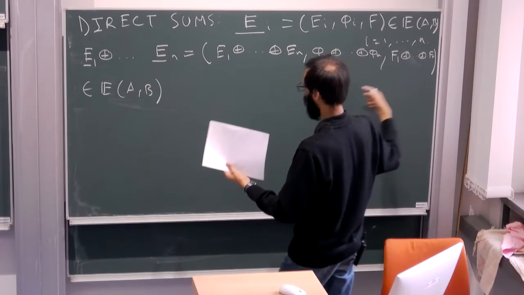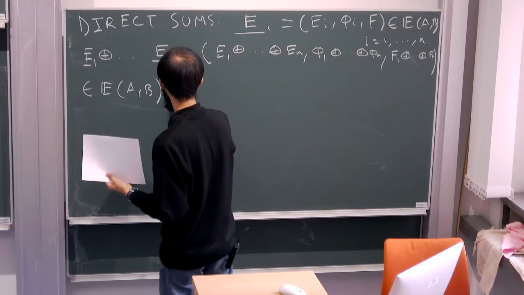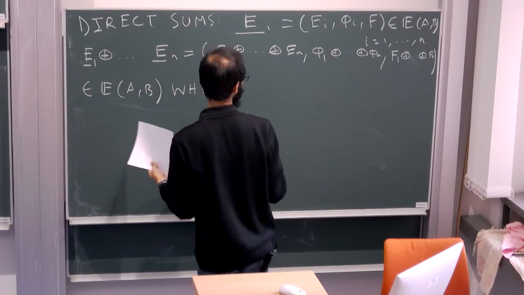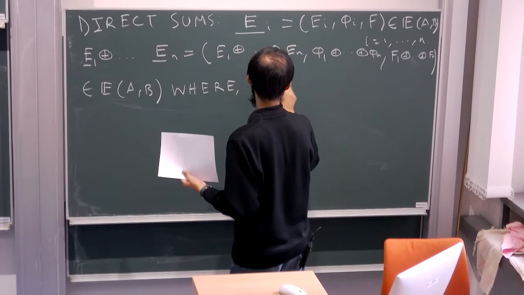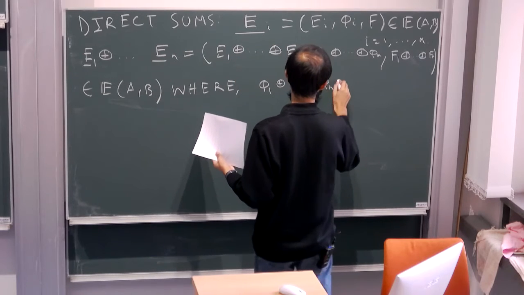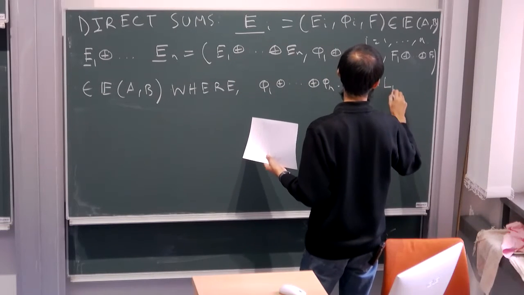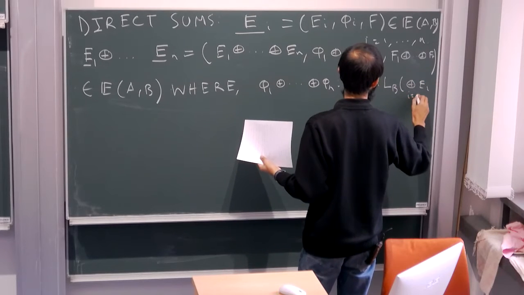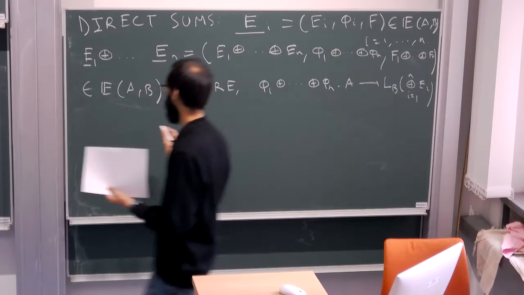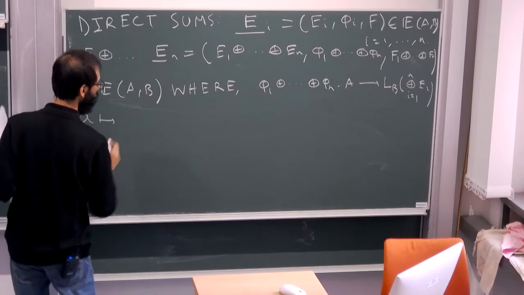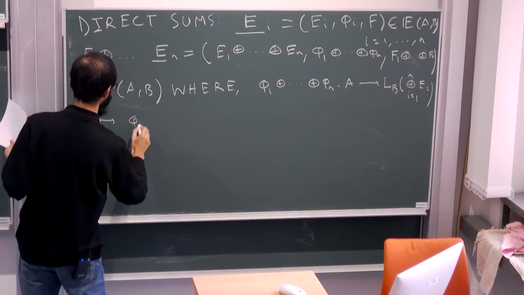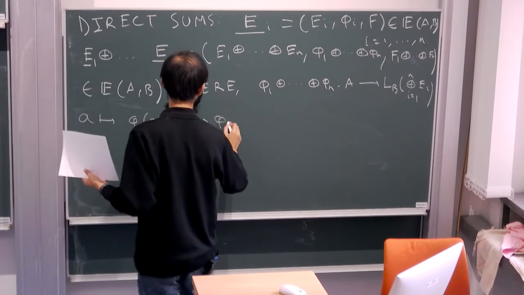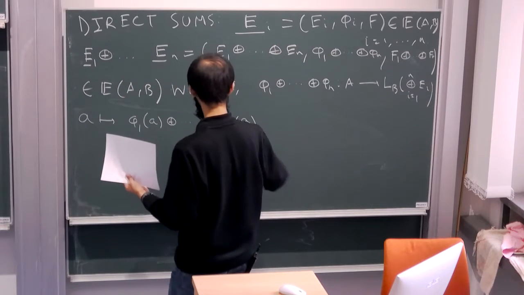I will say what these are. Before that, phi, for i from 1 to n, is defined as a going to phi 1 of a direct sum. So this is the one you would expect.